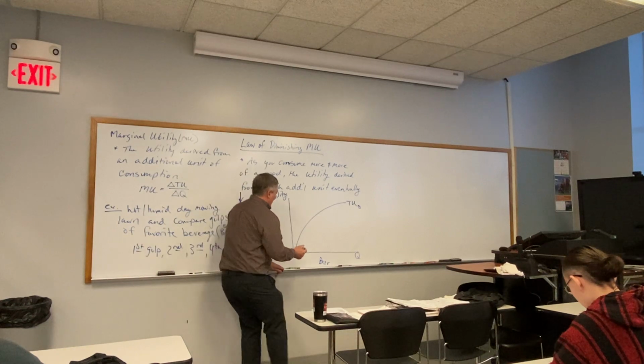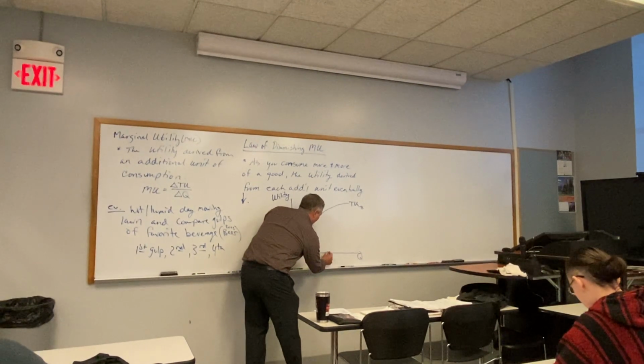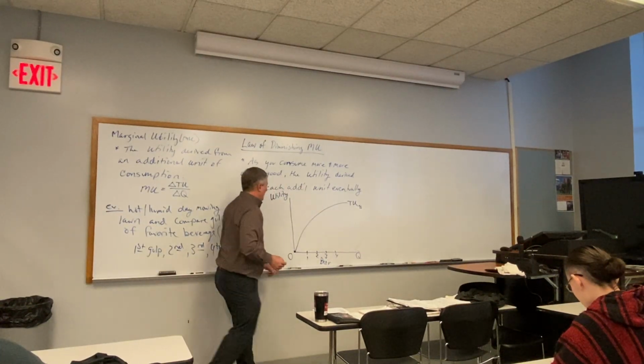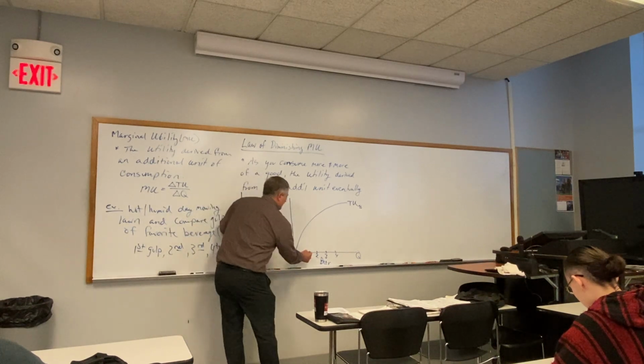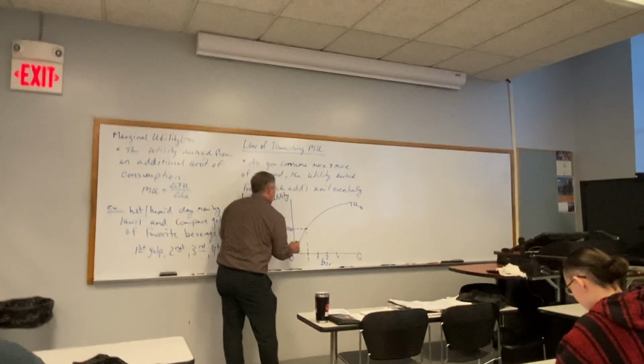Now I'm going to make it kind of chunky here. So 1, 2, 3, 4 beers. When I consume my first beer, maybe I get 100 units of happiness.